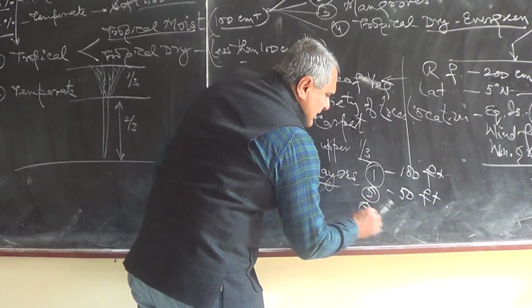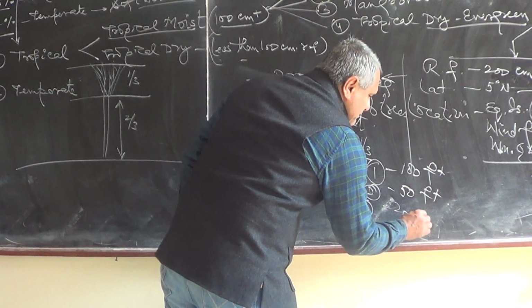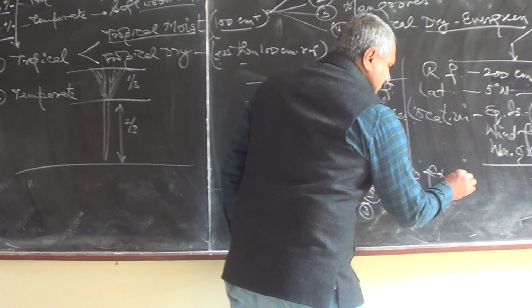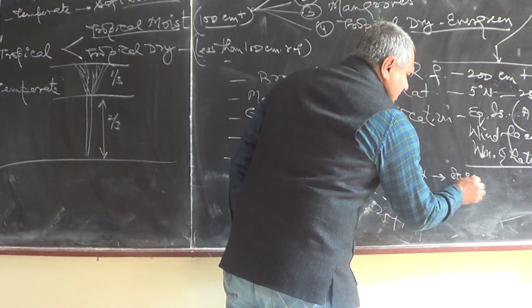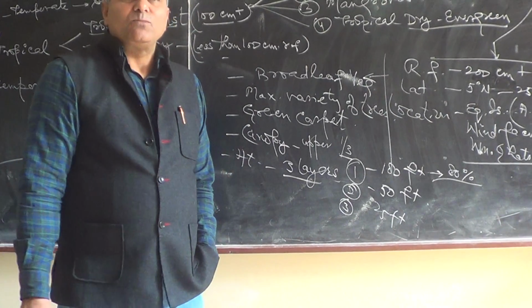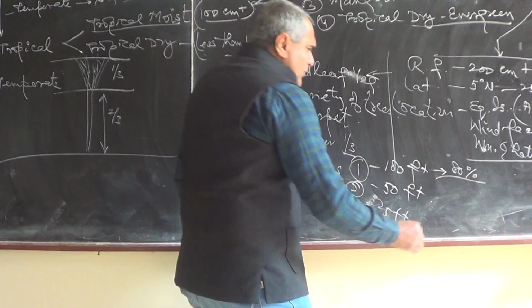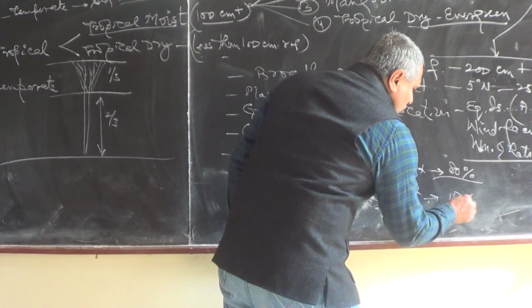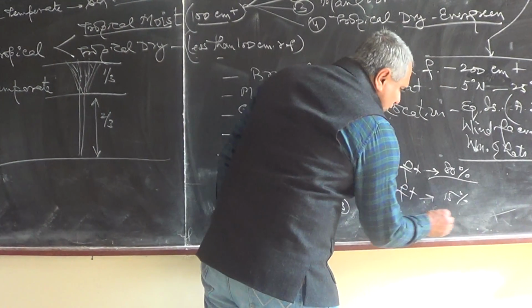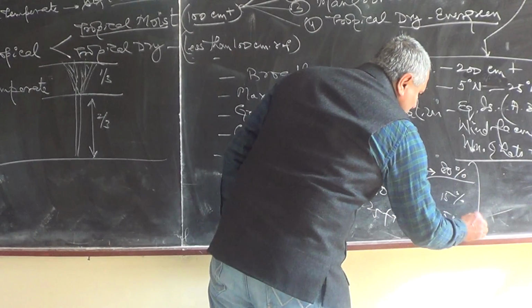And layer 3 is up to 25 feet. If you see the number of trees, 80% of the trees constitute the upper layer, 15% of the trees constitute the second layer, and approximately 5% trees constitute the lower layer.